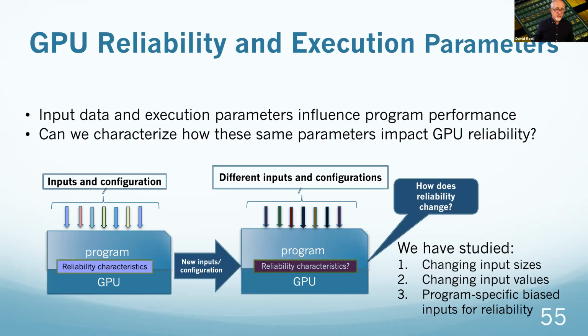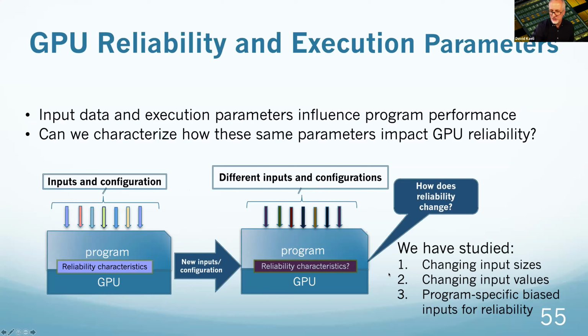So we have a number of inputs and configuration parameters to a GPU program. We have the inherent reliability characteristics. Then we see how with different inputs and different configurations, how does reliability change? Is reliability a function of program inputs and configurations of the GPU?